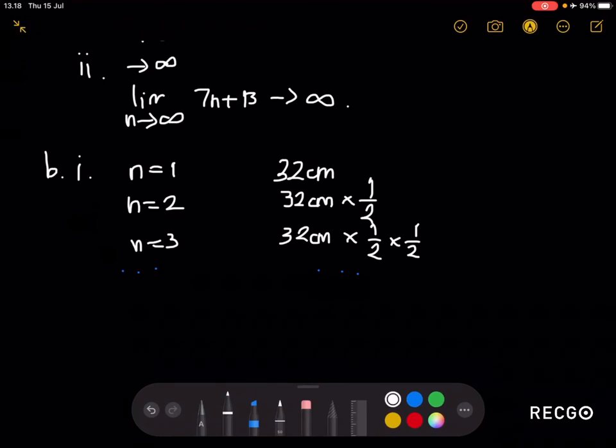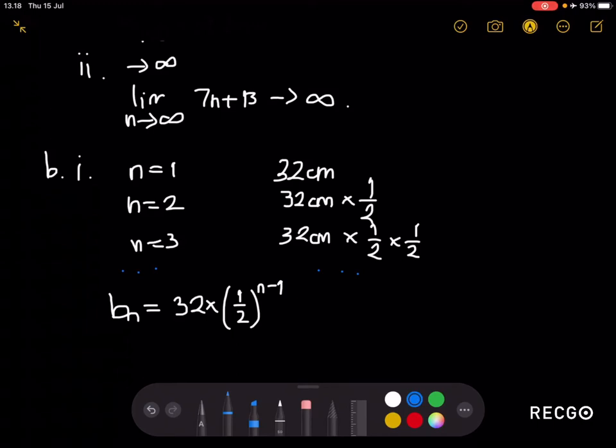So we can conclude that b_n is equal to 32 times a half to the n minus 1, where n minus 1 is the number of times we're multiplying by a half. Or let's make this a little nicer: if this n minus 1 bothers you, we can write it as 64 times a half to the n.